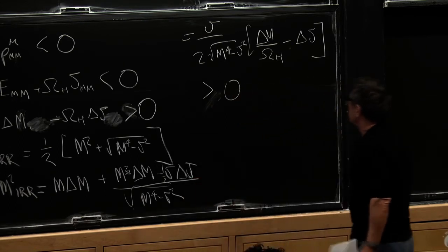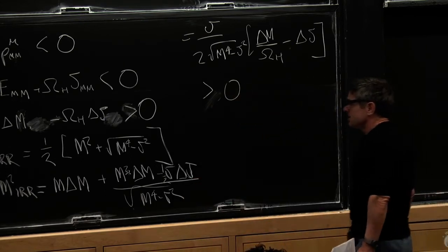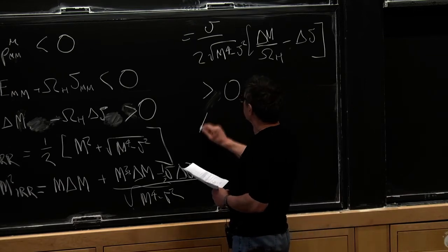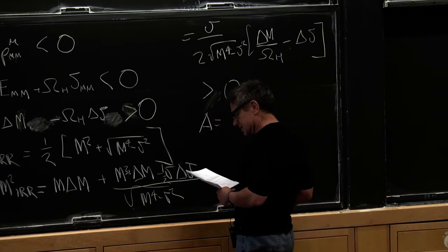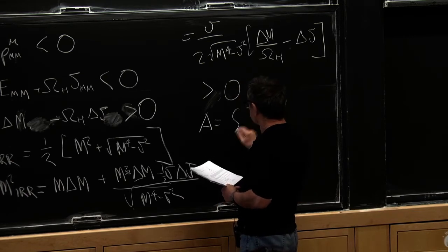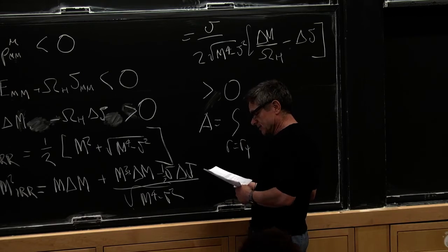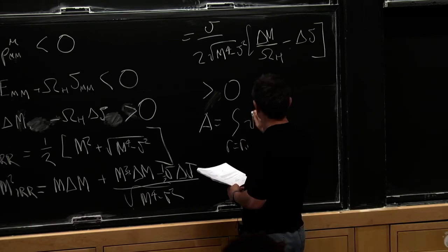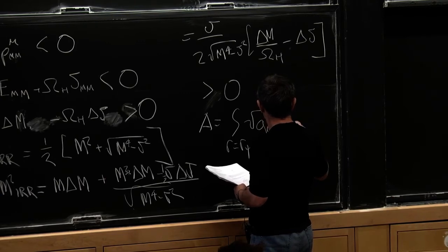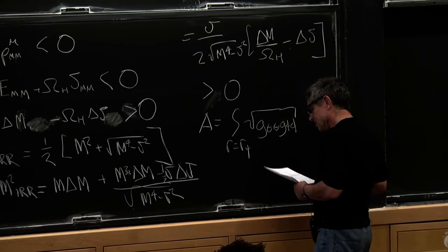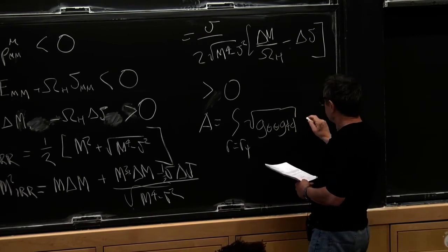But anyway, it turns out that if we compute the area of the event horizon, which is the integral at r equals r plus of the square root of g theta theta g phi phi, d theta d phi. I think this was a homework problem.